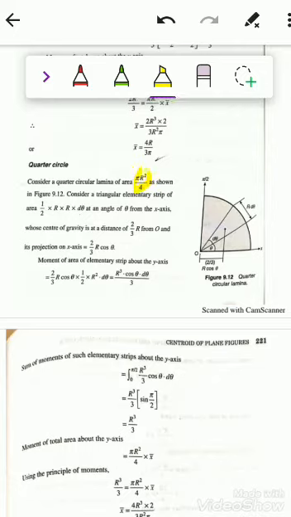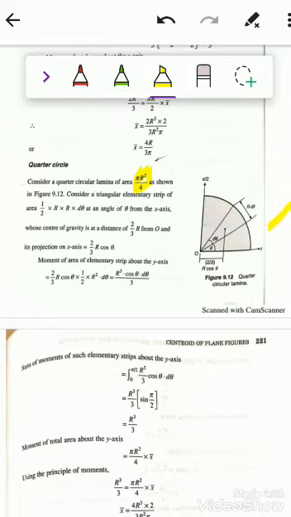Consider a quarter circle lamina of area pi r square divided by 4. In the semicircle you considered pi r square divided by 2, whereas the area of the quarter circle is pi r square divided by 4. This is the only difference.